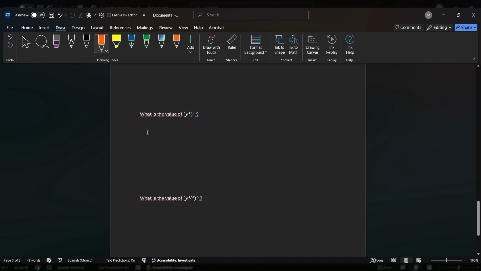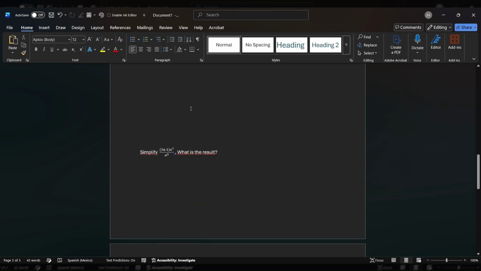What is the value of y to the 4, to the third, or the cube? So for that we have y to the 4 to the third equals 4 times 3 equals 12. Okay, so it should equal y to the 12. There you go.